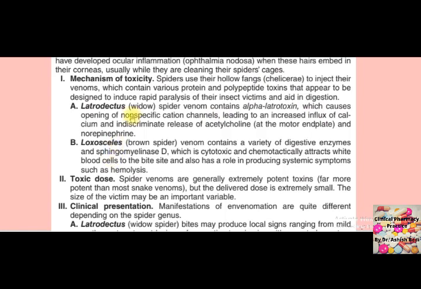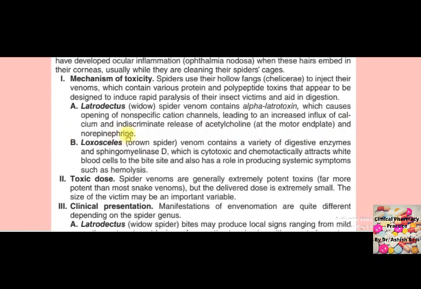In the case of the black widow spider, that is Latrodectus, the venom contains alpha latrotoxin, which causes opening of non-specific cation channels. It can open any of the cation channels, leading to an increased influx of calcium and indiscriminate release of acetylcholine at the motor end plate as well as norepinephrine.